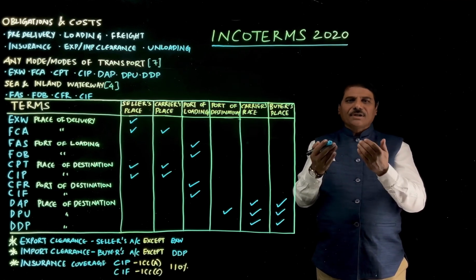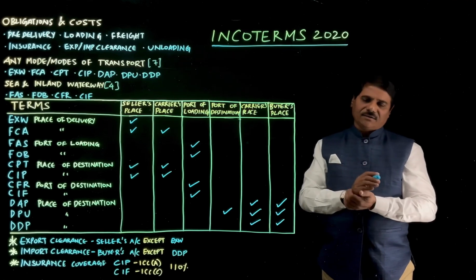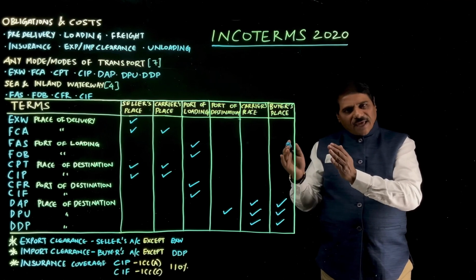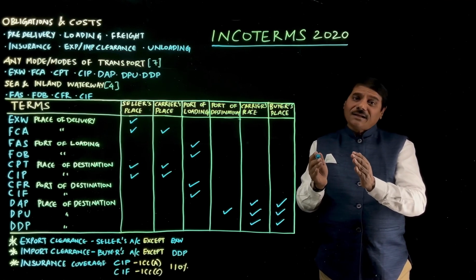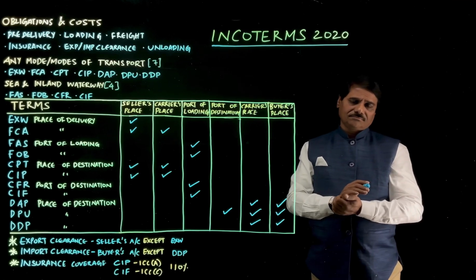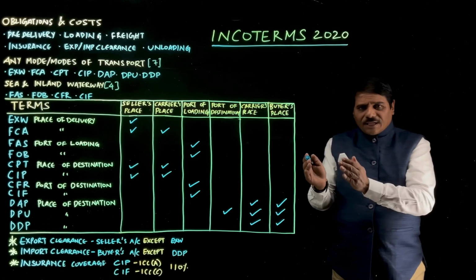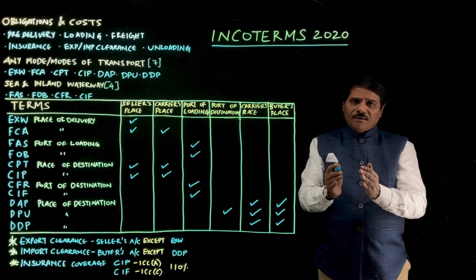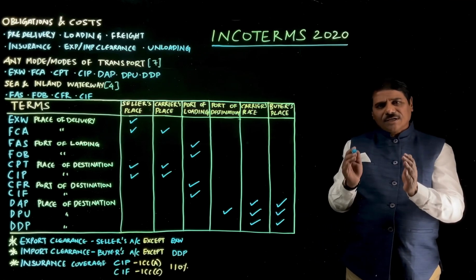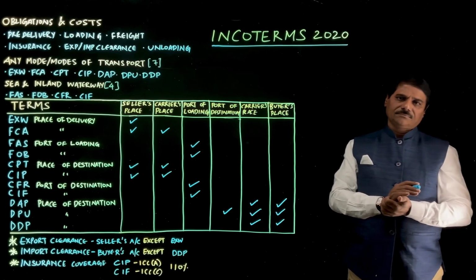Suppose if you are not shipping the full container, suppose you are shipping half of the container, then probably you can carry the goods to container freight station, CFS. So you can deliver the goods there and goods can be stuffed in the container because you are giving half of the container.